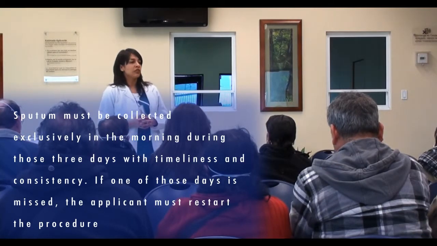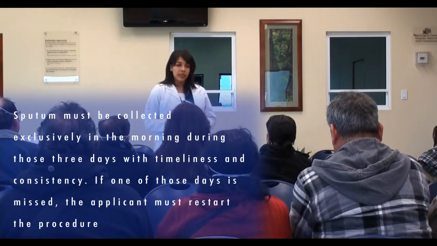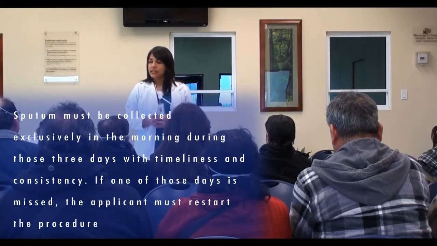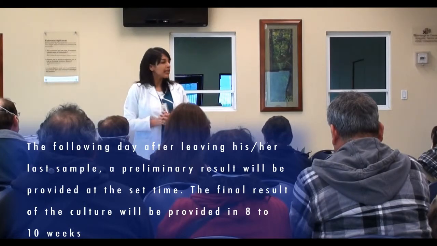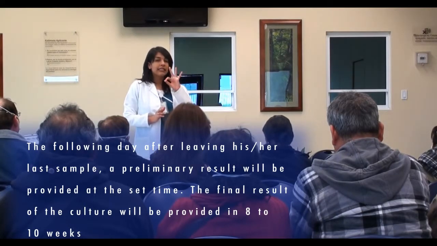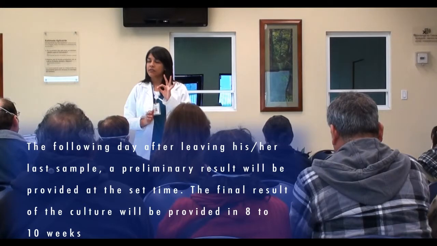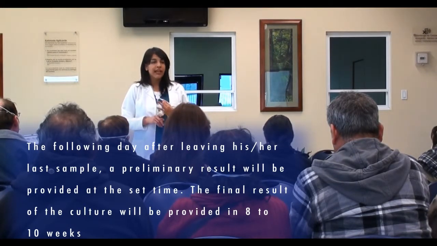If one of those days is missed, the applicant must restart the procedure. The following day, after leaving his or her last sample, a preliminary result will be provided at the set time. The final result of the culture will be provided in 8 to 10 weeks.